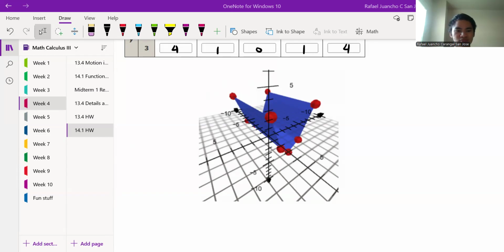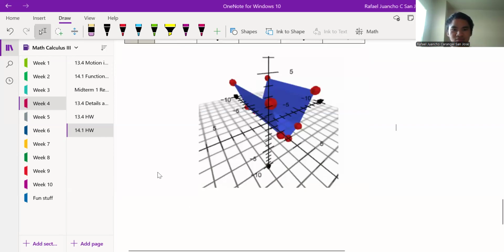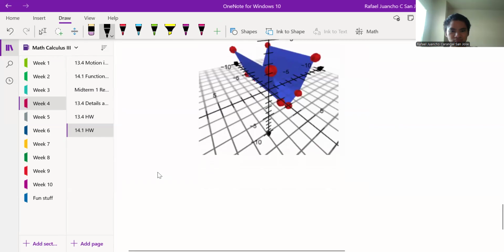More contour maps, contour maps, contour maps. Oh, transformation of graphs. Okay. And yeah, that's it. So it's mostly just about graphing. They put a big emphasis on graphing, huh? That's interesting. Okay, so number 5, let me go ahead and do this.